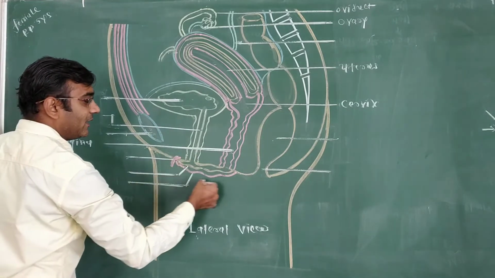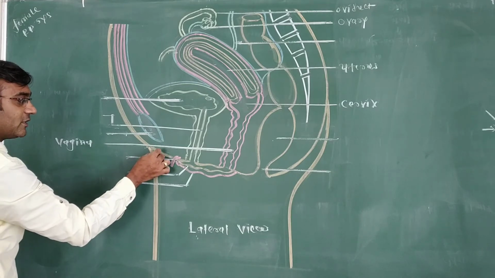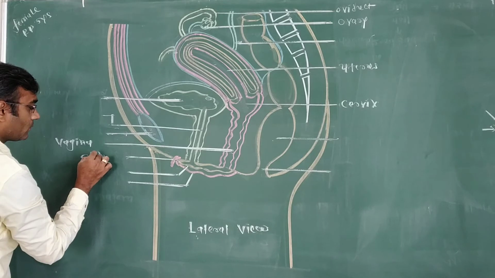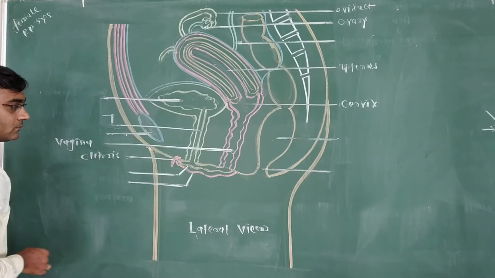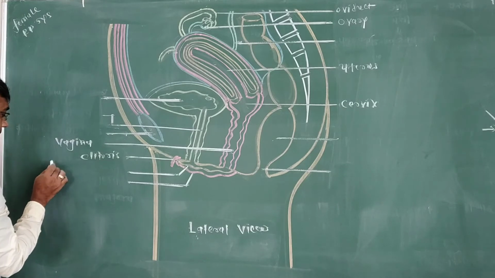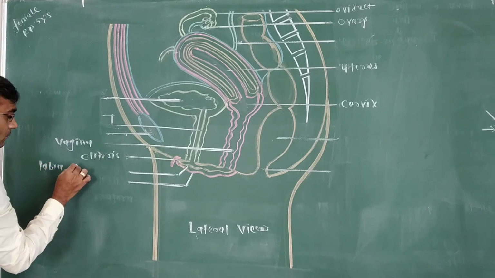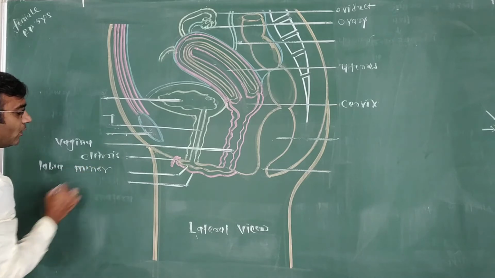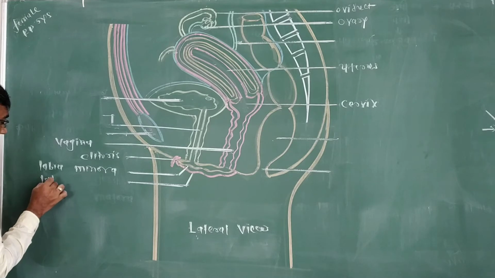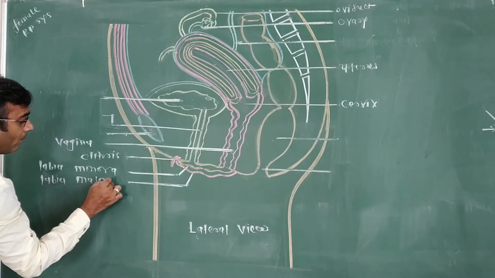This opening is surrounded by the external genitalia, made up of the mons pubis, then the clitoris. Under the clitoris are two folds: one is the labia minora, and the outermost is the labia majora.